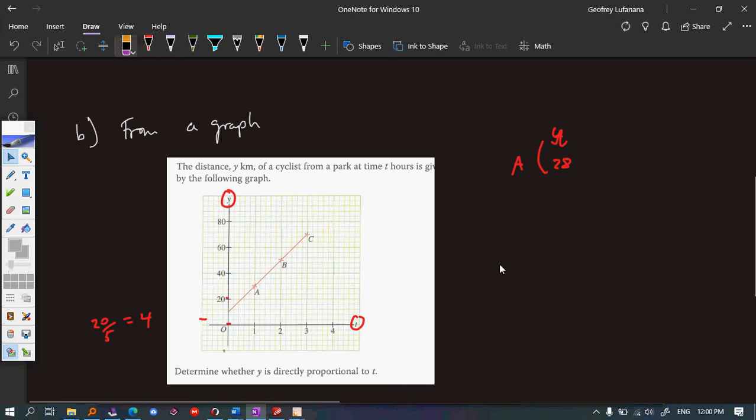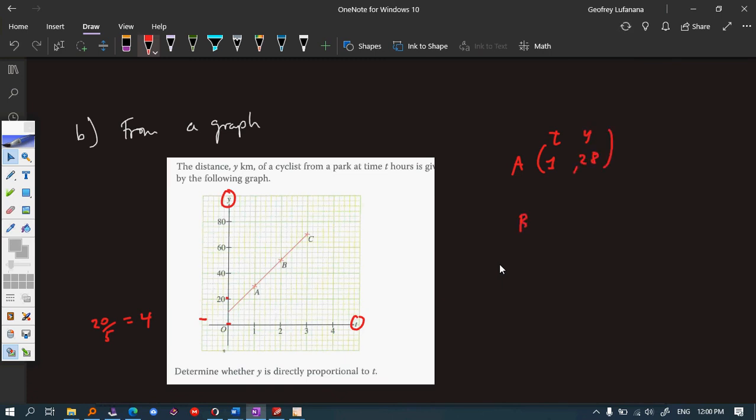Let me rewrite this so that it's very clear. From my point A, let me start with t, because we start with x values when we are writing coordinates. My t is 1, whereas my y is 28.